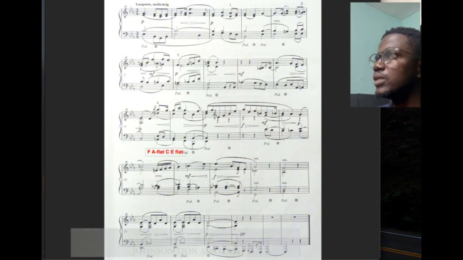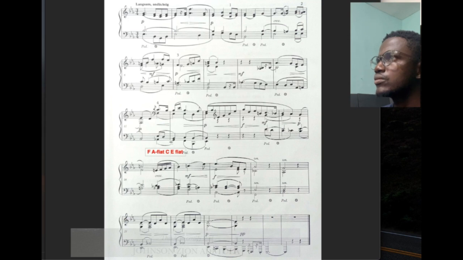Now A flat is back, and from here it becomes persistent. So looking at this in E flat major, this should be chord 2. Yes, this is an E flat major chord. Seems to be chord 2.